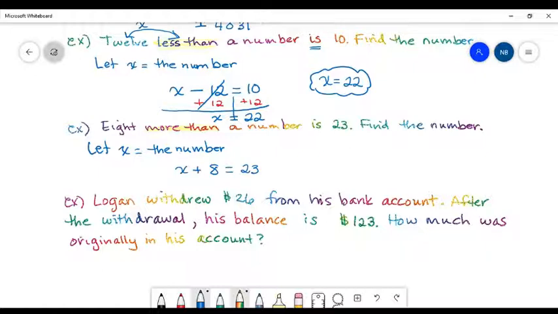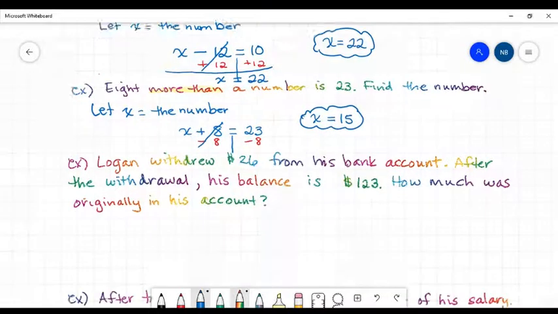This is a one-step linear equation. I'm going to draw a line at the equals. I need to get X by itself, so I'm subtracting 8 from both sides. 8 minus 8 is 0. X is by itself, and 23 minus 8 is 15. So the number is 15.